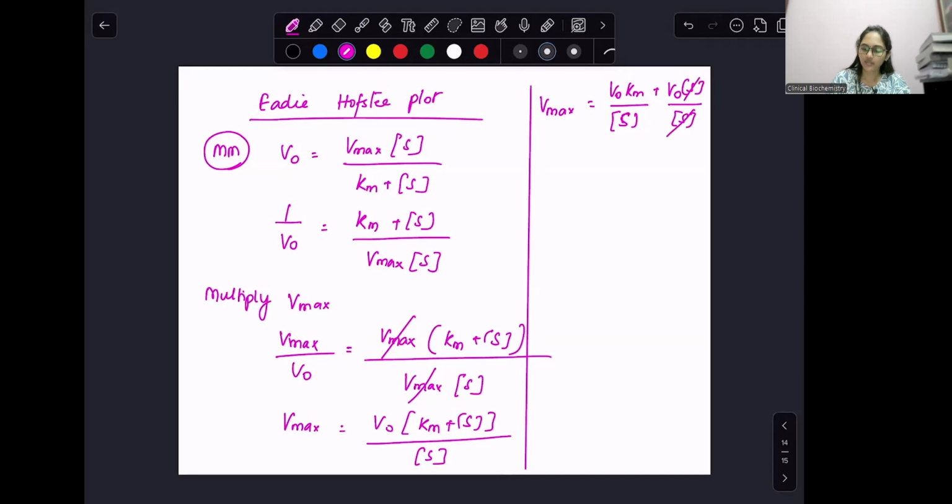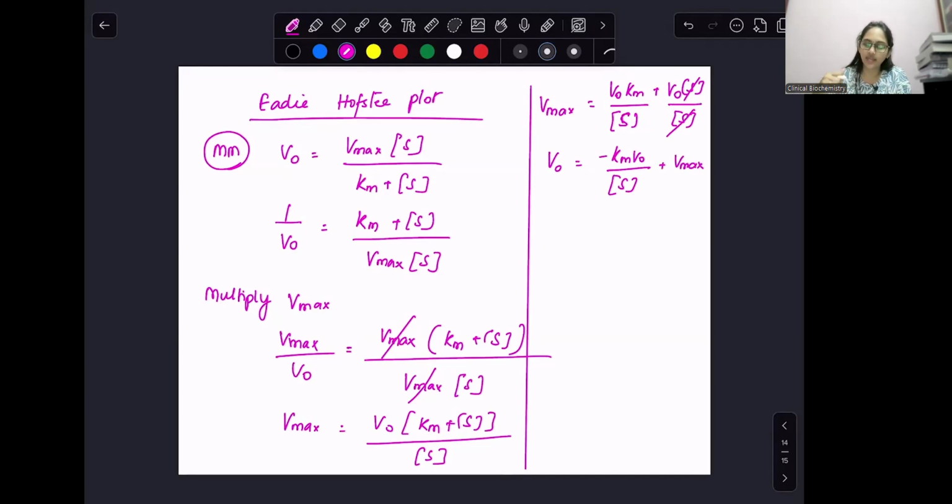So now I have got my equation. Now I will just do some rearrangements by putting V0 on one side. So if I put V0 on one side, I will get minus Km V0 by S plus V max.